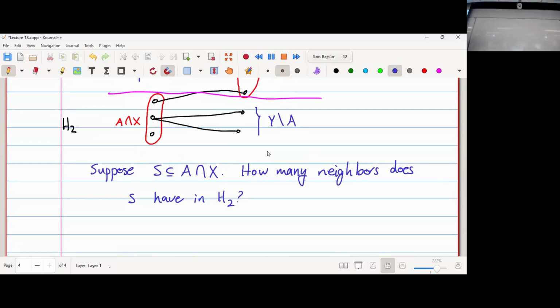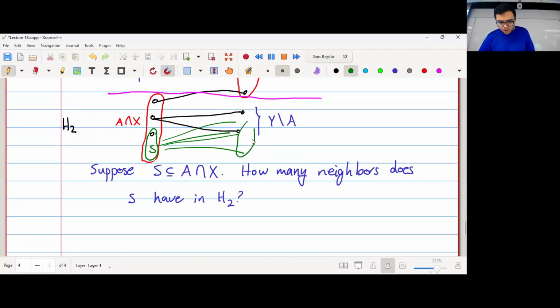I have the set S and I have the neighbors of S. Maybe this example is too small, so let's imagine this is a bigger thing, and I have taken some set S and I'm looking at all of its neighbors here. These are all neighbors of S in this graph H2.